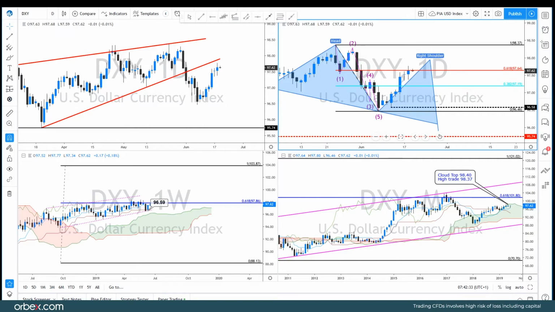But what we have had this week is basically a bit of a war of words between Draghi and Trump. Draghi highlighted that there was scope for some more fiscal stimulus and potential rate cuts. Trump didn't take kindly to that.